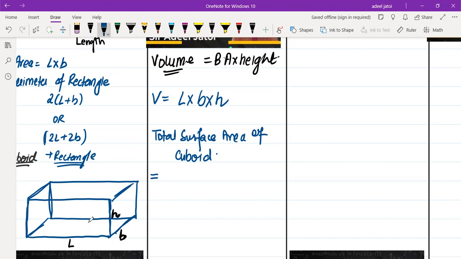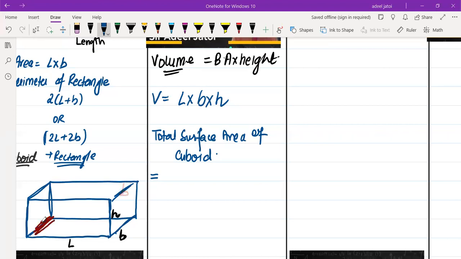So what does it mean? If I want to find out the area of the base and the top, if this is L, this is L as well, and if this is breadth, this line will be breadth as well.